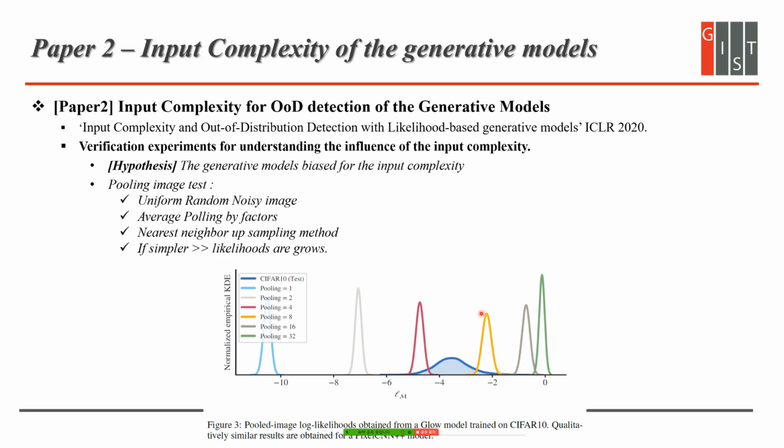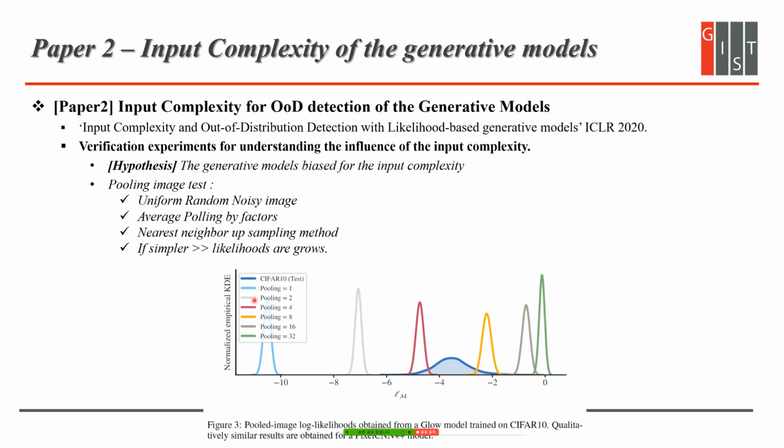So to make a concrete hypothesis on the previous page, they artificially make the image based on the input complexity, which means that this one is just a noise image.